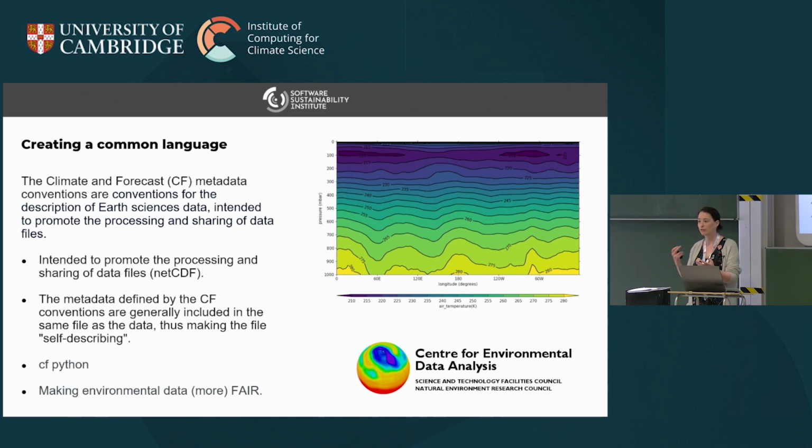So you're having to convert the naming conventions from these specific groups by yourself, and it's not easy because they're not always self-descriptive. If people use a shared and common language, it makes it much easier. So we can ingest the information into our model, and it's trivially easy compared to the mess that it can be. So CF Python is essentially making environmental data more FAIR.